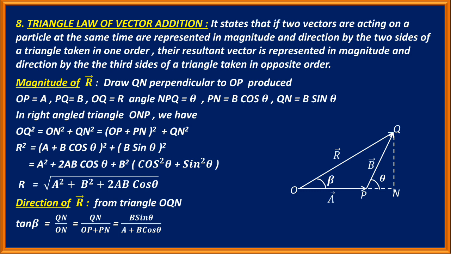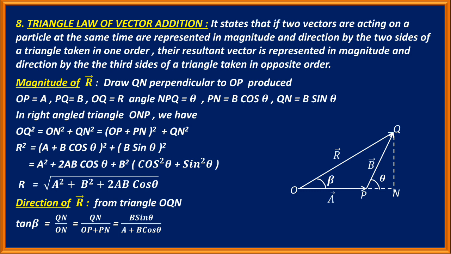So first of all we draw QN, a perpendicular to OP produced, so that OP equal to A, that is magnitude of vector A, and PQ equal to B, that is magnitude of vector B, and OQ equal to R, angle NPQ equal to theta, which is the angle between two vectors.